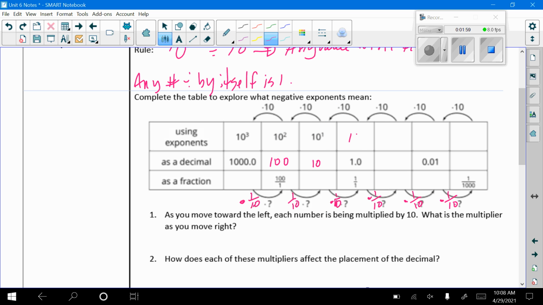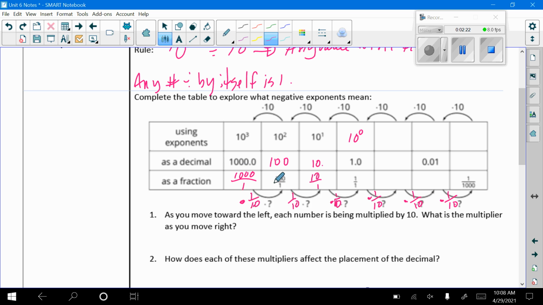So this is 10 to the 0 power. Anything to the 0 power is 1, which is 1 over 1, right? 10 to the first power is 10, which means 10 over 1. 10 to the second power is 100 as a fraction. That looks like 100 over 1. Now, this is 1,000, so it's going to be 1,000 over 1.